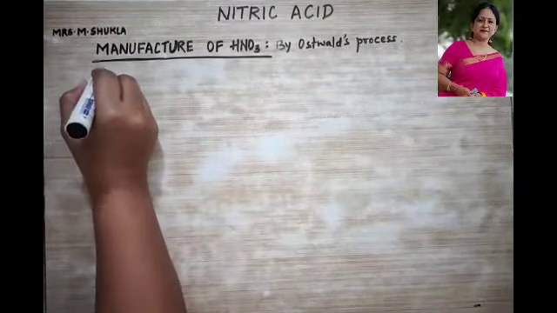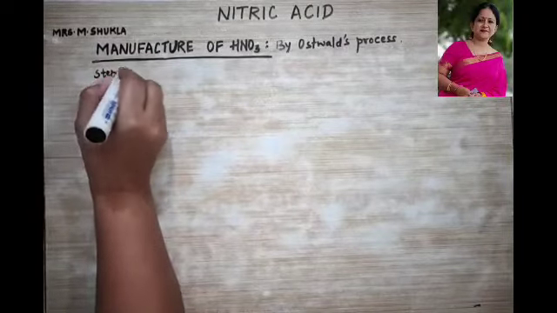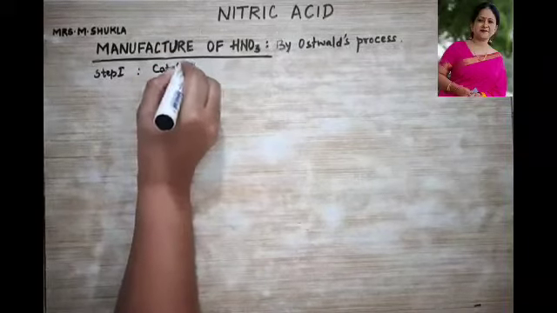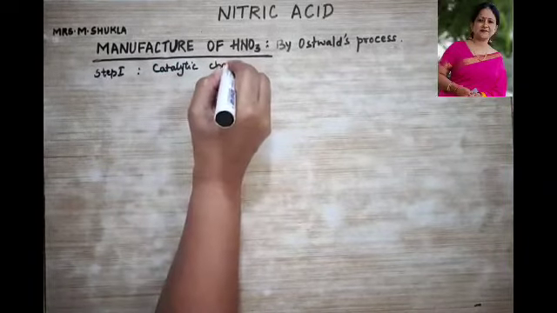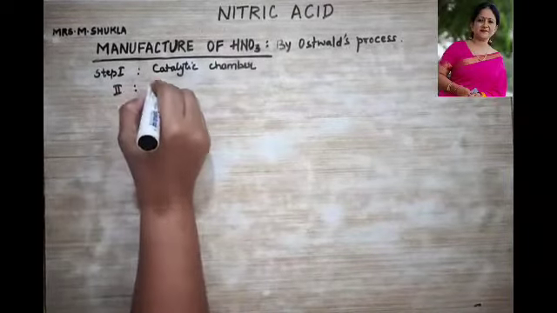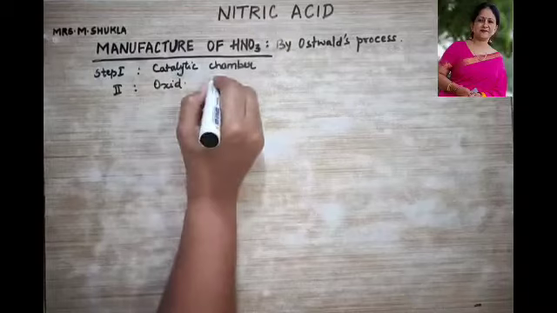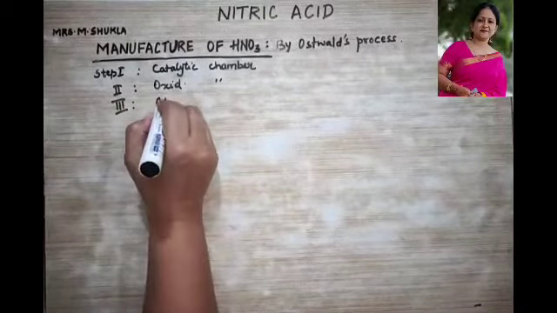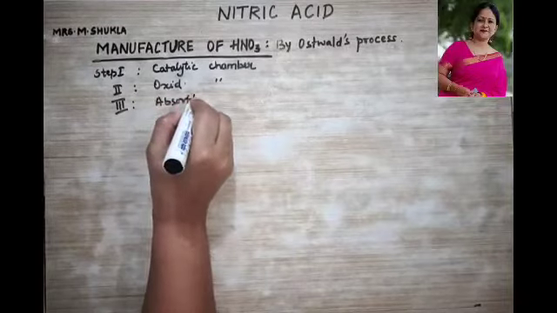So, what are those steps? Step 1 is your catalytic chamber. Step 2 is your oxidation chamber. And step 3 takes place in the absorption chamber.